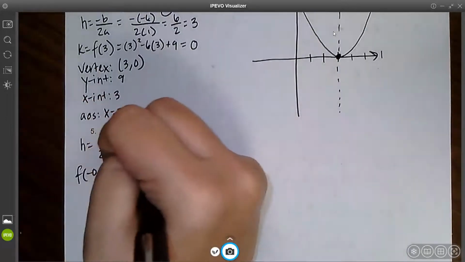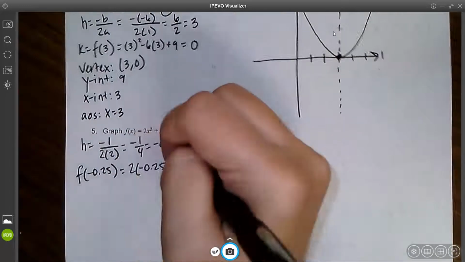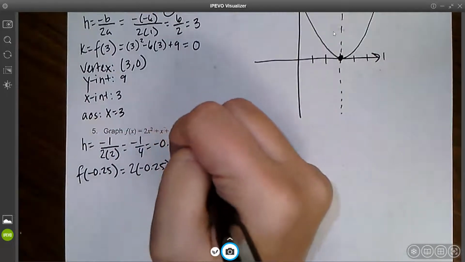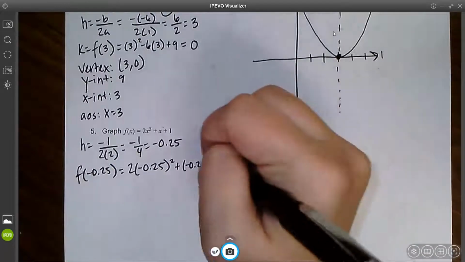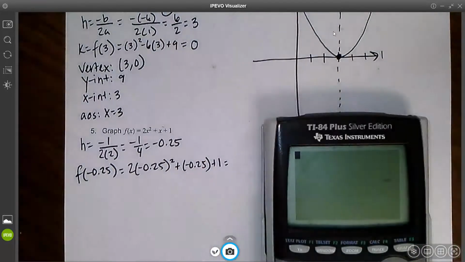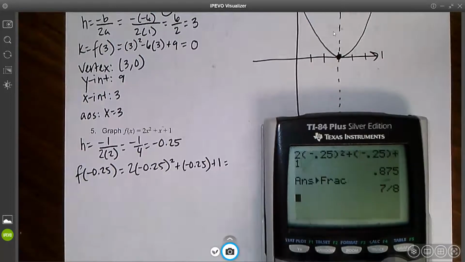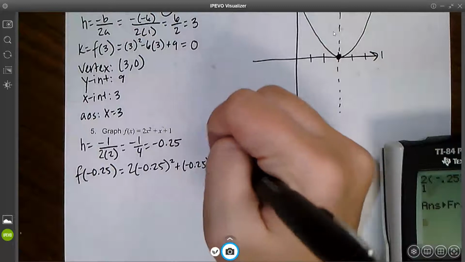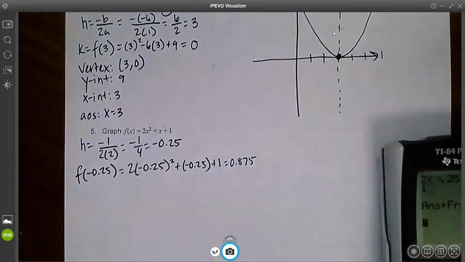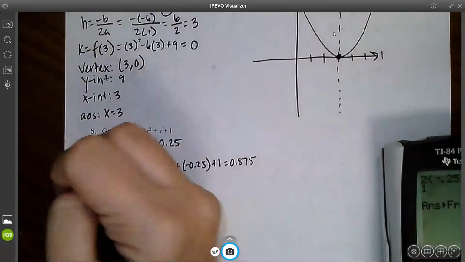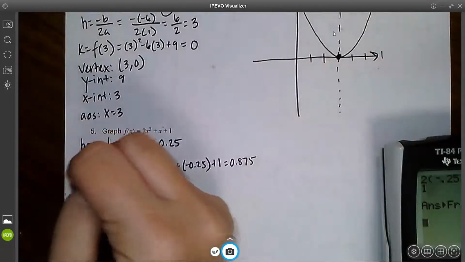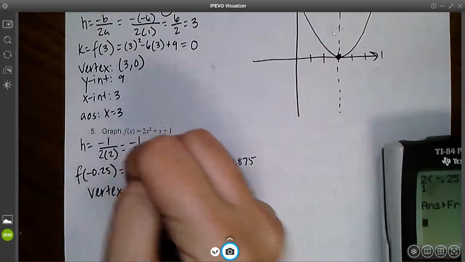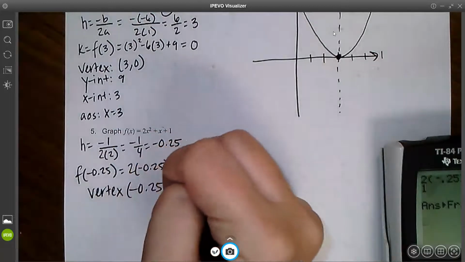And I have 2 times negative 0.25 squared plus negative 0.25 plus 1, which equals, type this in your calculator, 0.875 or 7/8. So I'm going to leave it as a fraction because I think it's easier to graph it that way. So my vertex is at negative 0.25 and then 0.875.